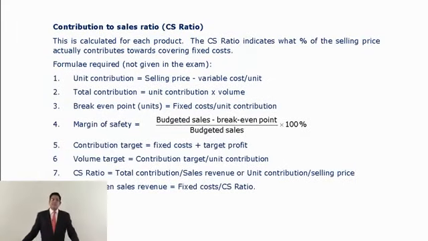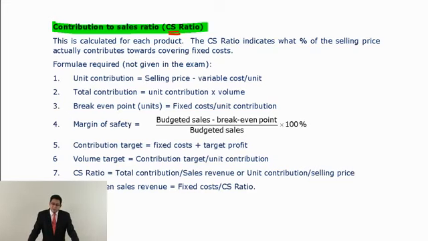Now here is a very useful ratio which we are going to use, called the contribution to sales ratio, or CS ratio. It is contribution divided by sales, or contribution divided by selling price.